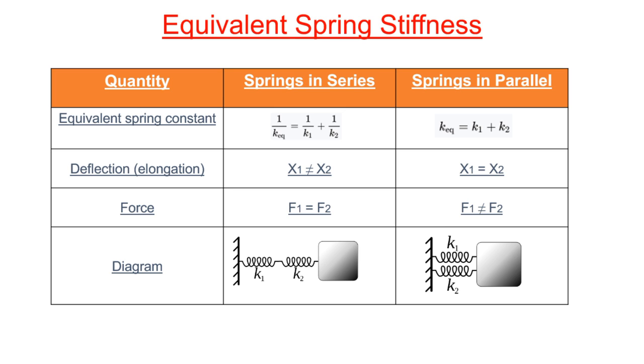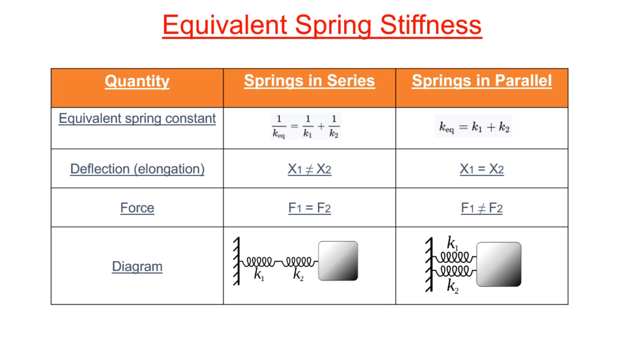Now deflection or elongation for springs in series is not equal, but in springs in parallel it is equal. See in that diagram also, for k1 and k2 springs deflection will be same for parallel condition. Now force will be same for springs in series, but it is not same for springs in parallel.